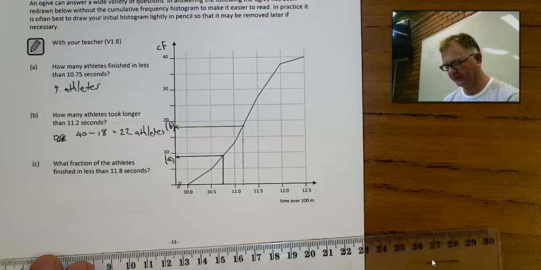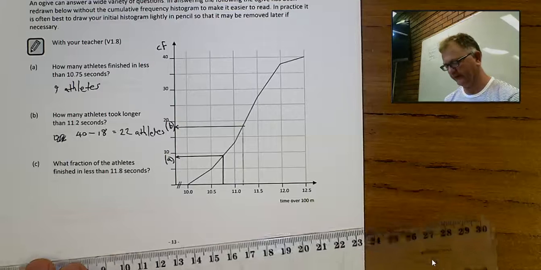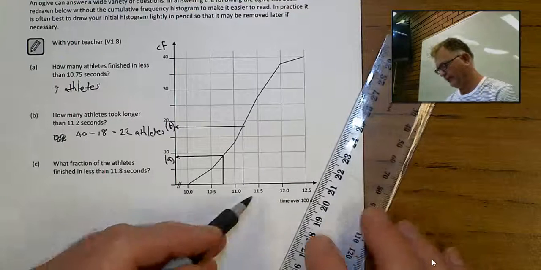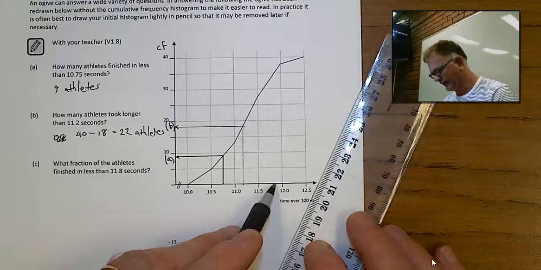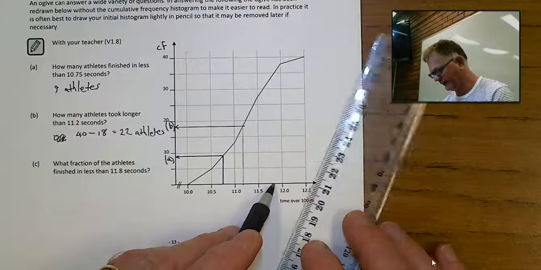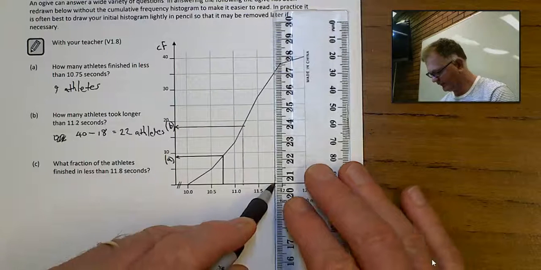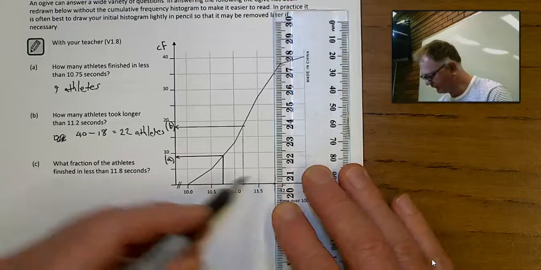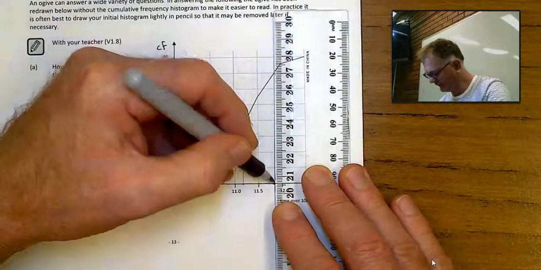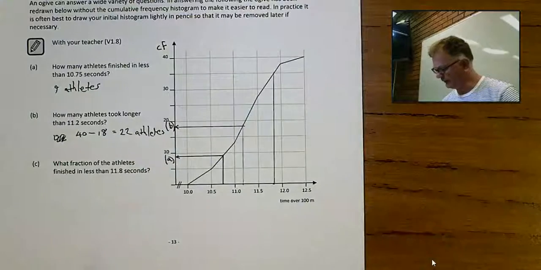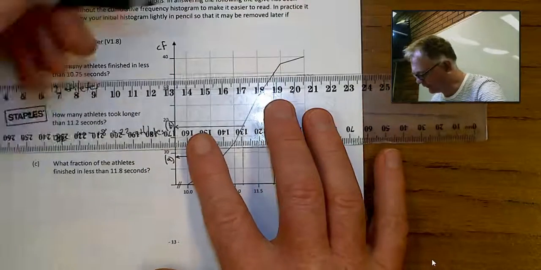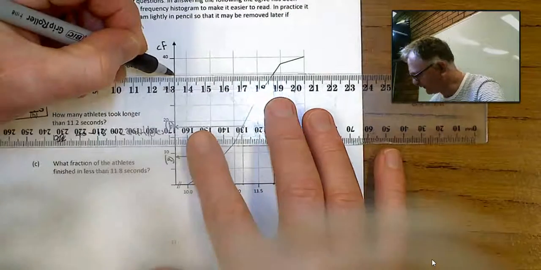What fraction of athletes took less than 11.8 seconds? Less than 11.8. So 11.5, 12, 11.8 I reckon would be about there. Up to the graph. Make sure you're keeping your ruler straight. And we get right up, it looks to me to be pretty much exactly on, or very close to 35.